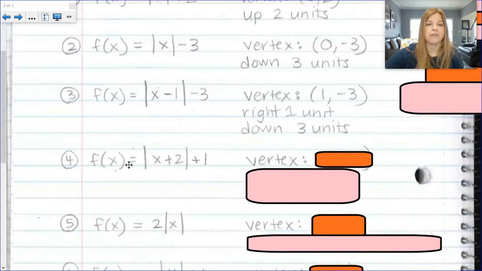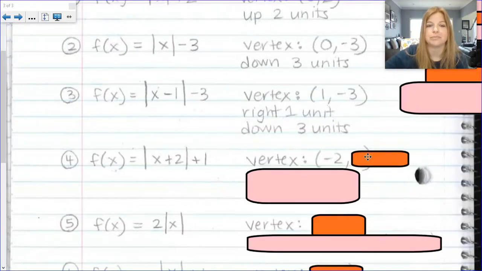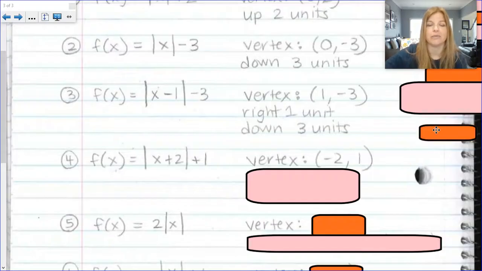Next one, f of x equals the absolute value of x plus 2, plus 1. We went over this in one of the other problems. If it says x plus 2, then that h value is really a negative 2. The k is a nice positive 1.